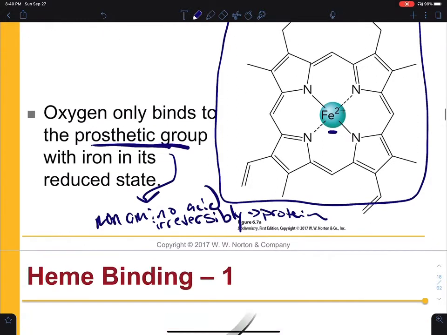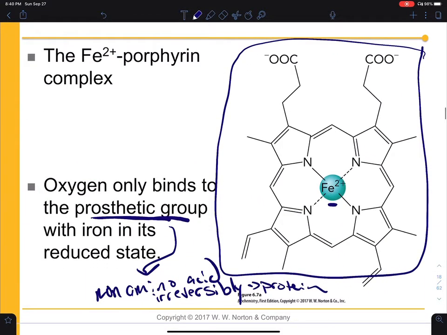The reason for these prosthetic groups is to allow for chemistry that the amino acids don't allow. For instance, none of the amino acids can bind to oxygen reversibly. And the function of something like myoglobin or hemoglobin is to bind to oxygen and then release it when the cell needs that oxygen.